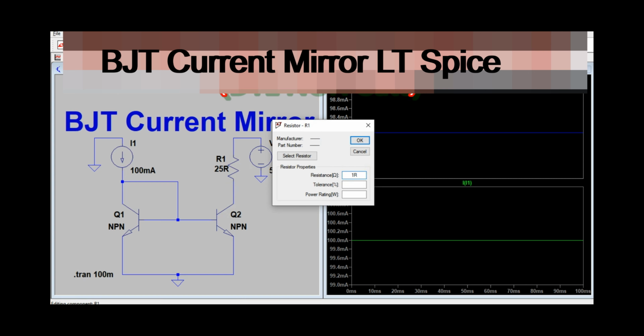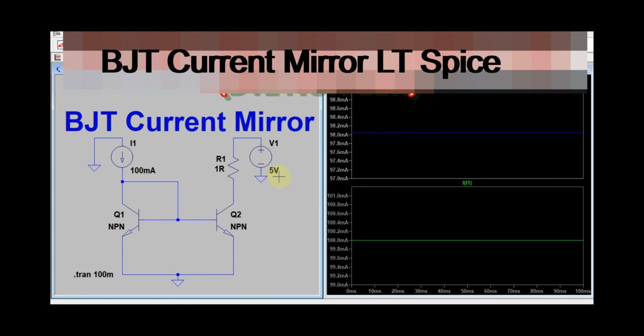This is just for demonstration to help you understand the current mirroring. Theoretically, the current flowing through this branch would be 5 divided by 1 ohm if you neglect the VCE loss of this transistor Q2, so it should be around 1 ampere.